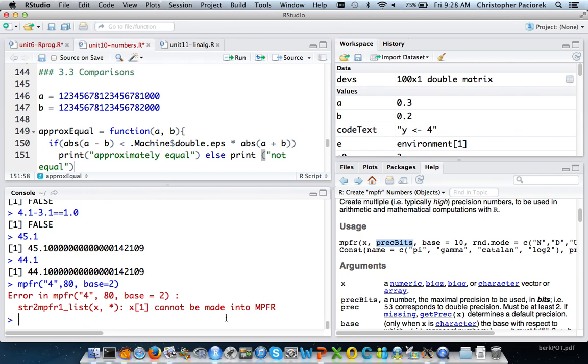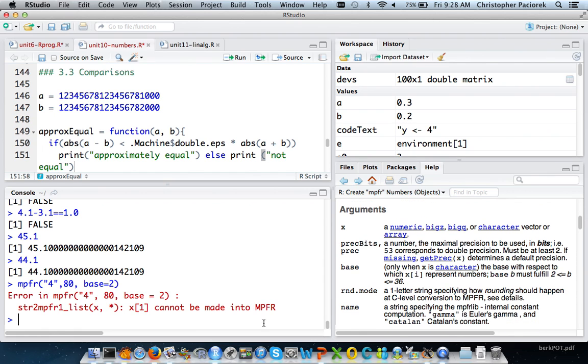If we say base 2, oh, okay, I don't think this is going in the other direction. Right, okay, so it's expecting me to give it a number in base 2, and I give it a 4. It says, oh, that can't possibly be in base 2, so try again. So yeah, I don't know off the top of my head if there is. I wouldn't be surprised if there is. It seems like the sort of thing that somebody might have written at some point.